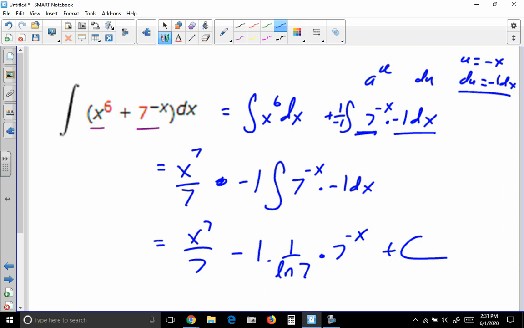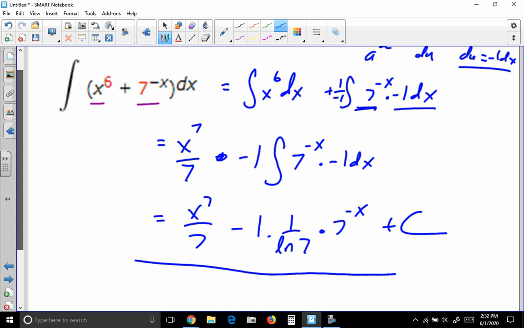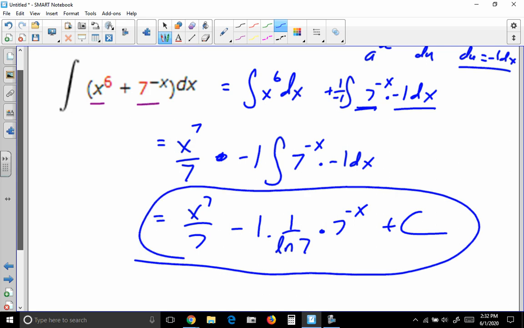So the integral of e to the u is e to the u. The integral of a to the u is a to the u times 1 over natural log of the base. So we can leave it like that, or if you would rather, you can simplify that a little bit.